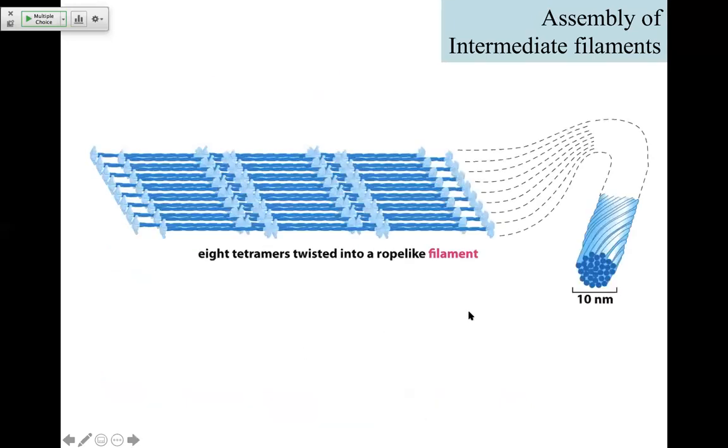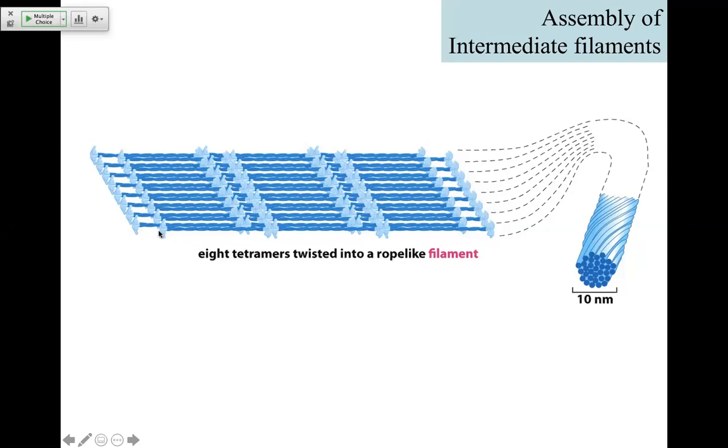The actual cable-like structure, this rope-like filament, forms when 8 of these fibers assemble together. Here we've laid them out flat so we can see them, but they twist around each other to form this very strong rope-like cable structure.